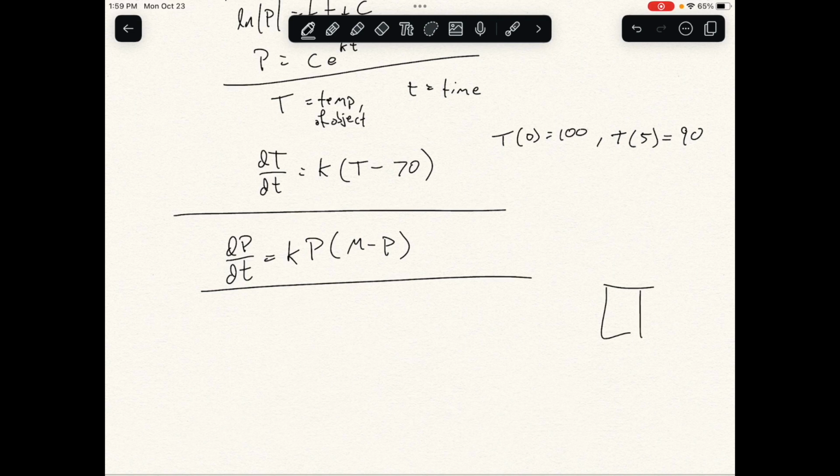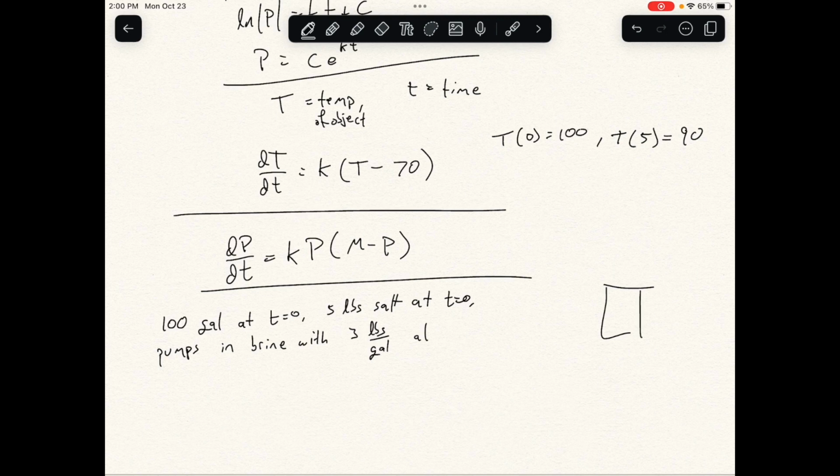So maybe you have 100 gallons of water at t equals 0, and maybe 5 pounds of salt at t equals 0, and it tells you that it's pumping in, let's say, a brine with 3 pounds of salt per gallon at a rate of 5 gallons per minute.